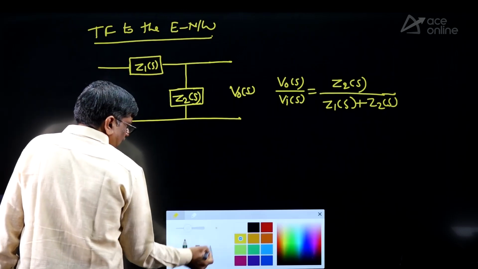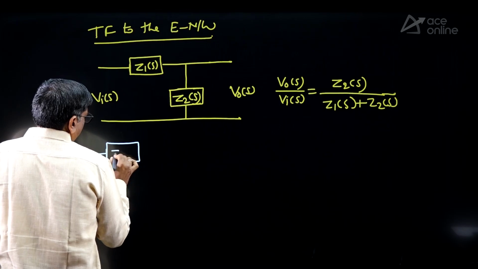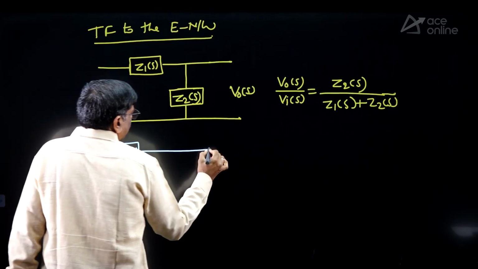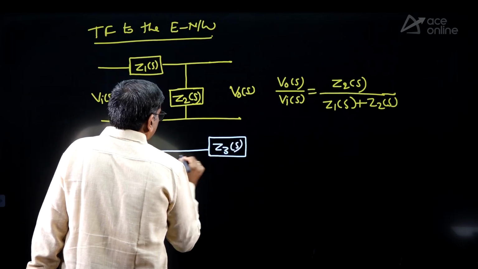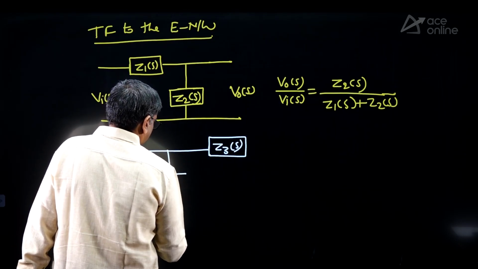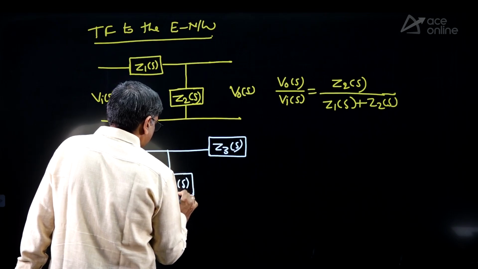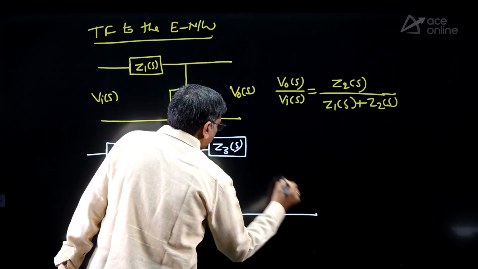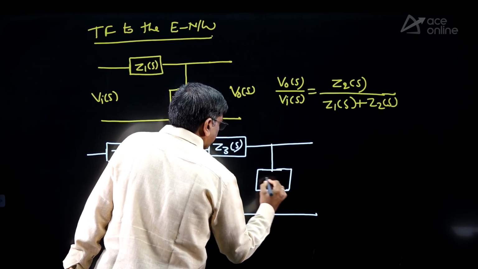If in case they give Z1 of S, here Z3 of S, here Z2 of S, remember this like a formula. I hope you remembered. So write the formula before me, all of you. Z4 of S.